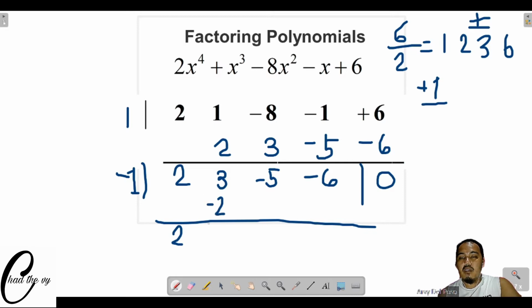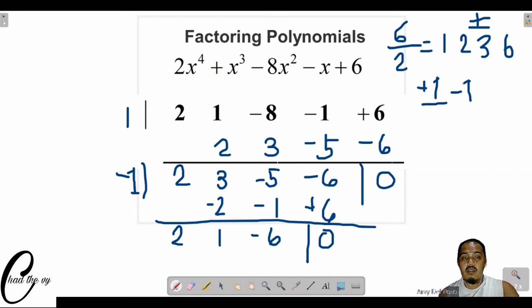Then 3 plus negative 2 is 1. 1 times negative 1 is negative 1. Then copy tayo dito. Add natin. Copy tayo ng sign. So negative 6. Negative 6 times negative 1 is positive 6. So, okay. Nakita natin dito, 0 to. Then negative 1 is also a factor of the given polynomial.